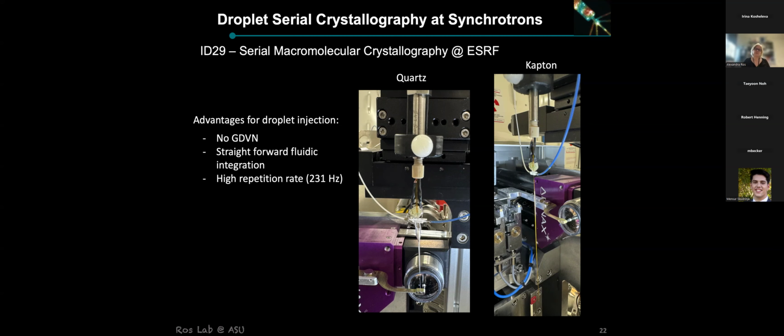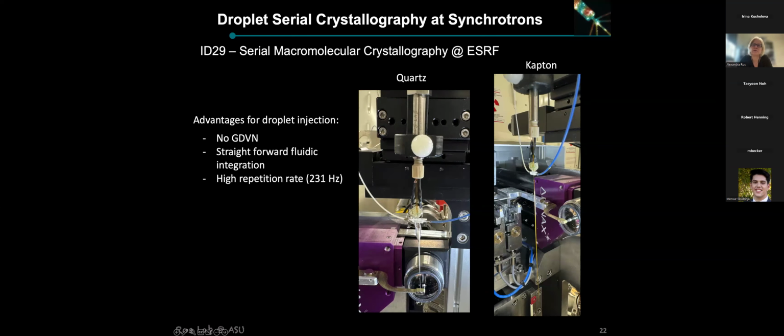What we did for this was basically adapt our droplet injectors in a way that makes it, in some sense, easier to use because we don't need the nozzle for the liquid injection. And so what you see here is the integration of our devices at the ID29 beamline.